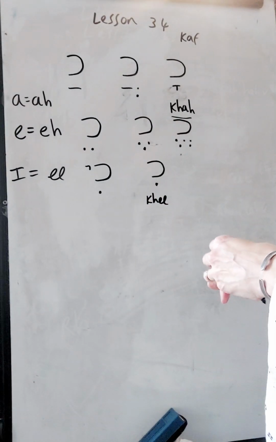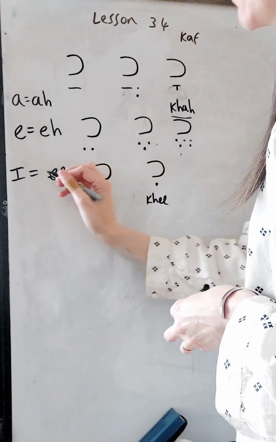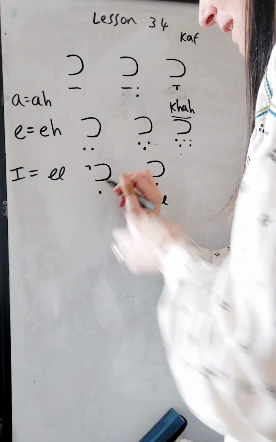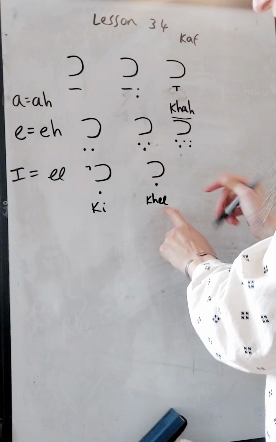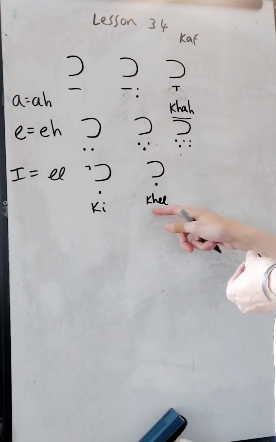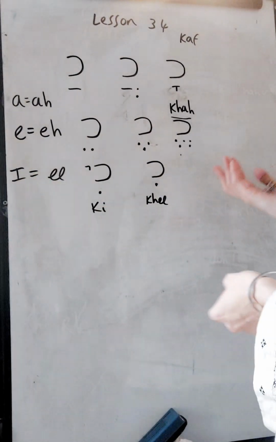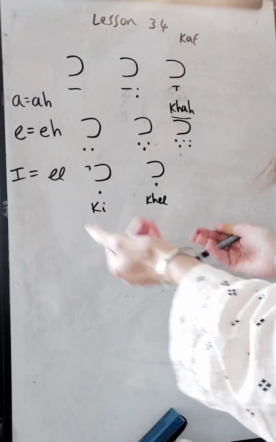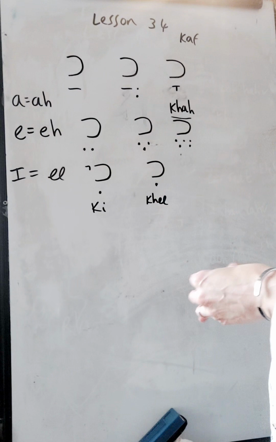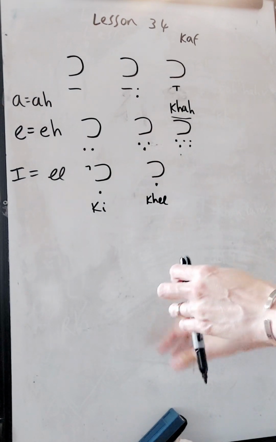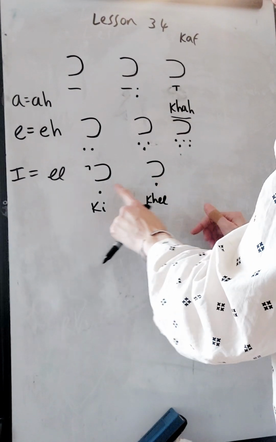Sometimes when I'm writing on my page, instead of writing the I, I write it as he, just to help with pronunciation. The I does sound as E, but some Hebrew teachers or books just write it as the I, but I put the sound of it to help you pronounce it right. So these would both be read as khi.